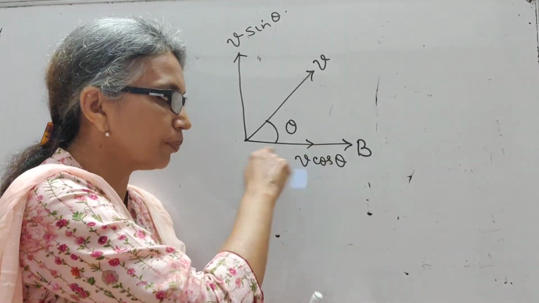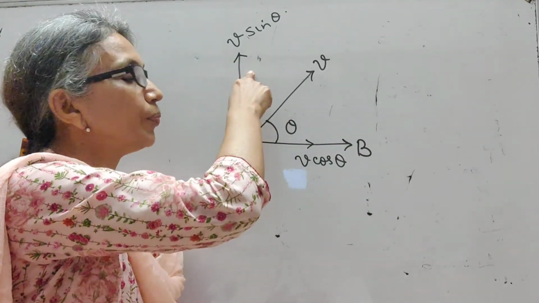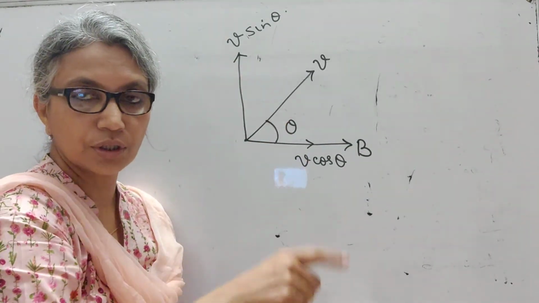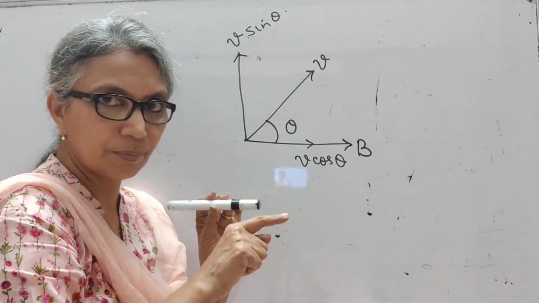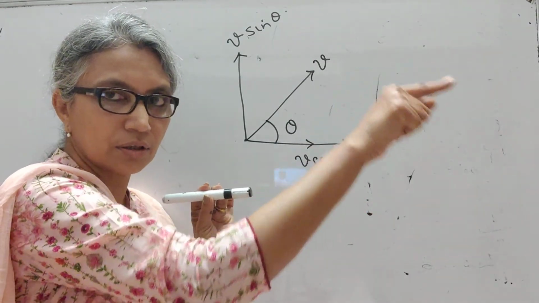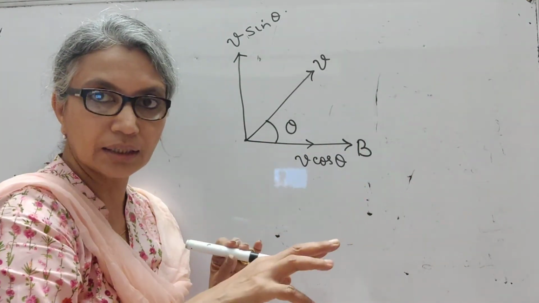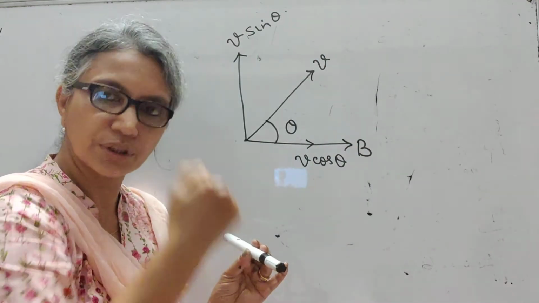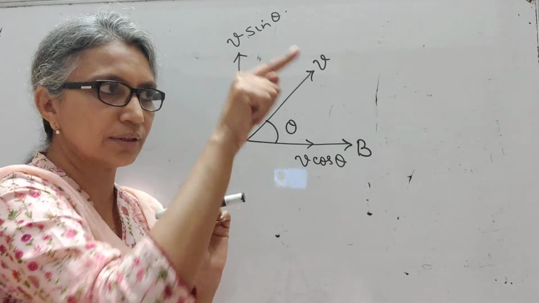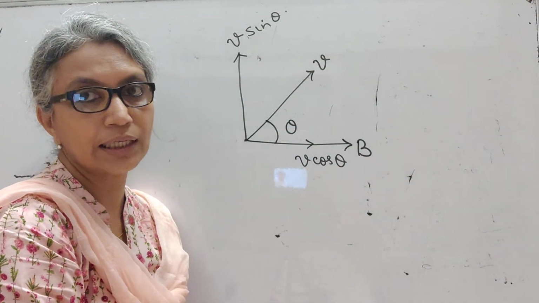So this component pushes the particle forward with V cos theta. This component puts it into circular motion. If you combine the two, you have your particle moving forward, but it is also executing circular motion. That is what you call helical motion. In the second case, when theta is 90, it is simply executing circular motion, staying there. But here it is executing circular motion and moving forward, and that is what you call helical motion.